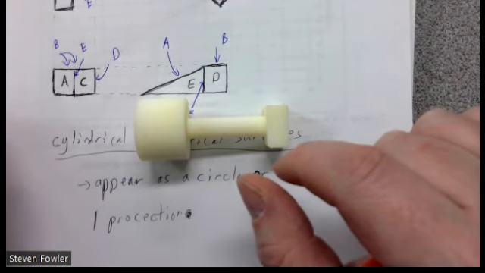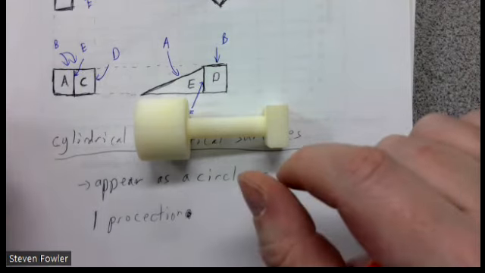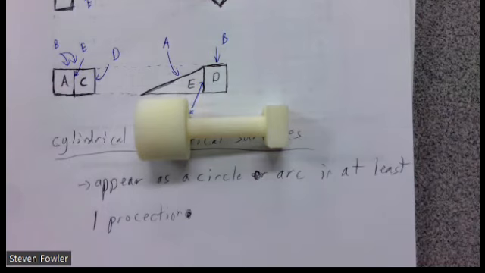And spheres, or portions of a spherical surface, just depend on which direction they're oriented and how you're viewing them. But you'll see some arc in at least one or two projections. Normally spherical, they'll show as arcs or circles in multiple projections, if not all. A complete sphere is going to show up as a circle in all directions.